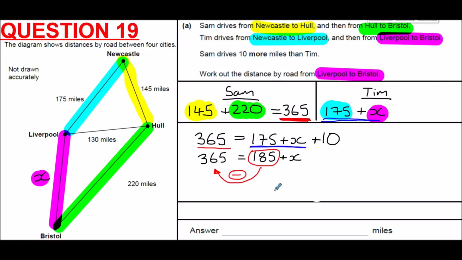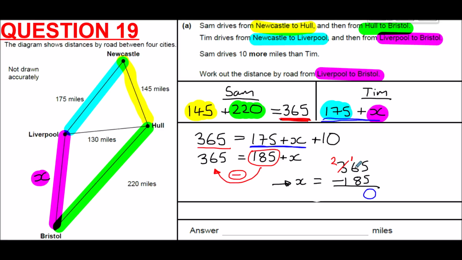And so that tells us that x is going to be 365 take away 185, which we can do. So 5 take 5 is 0. 6 take away 8 we can't do, so we can borrow one from the 3, which becomes 2. The one we've borrowed can move on here.